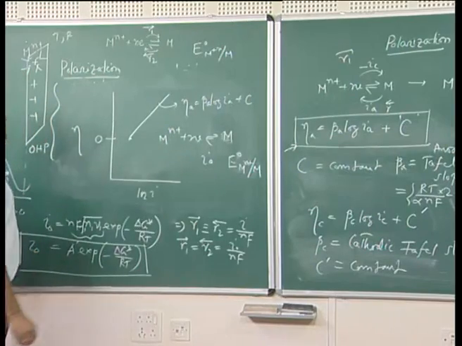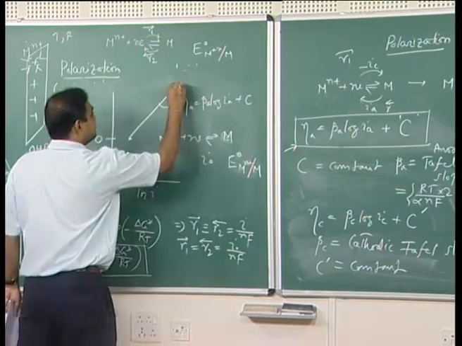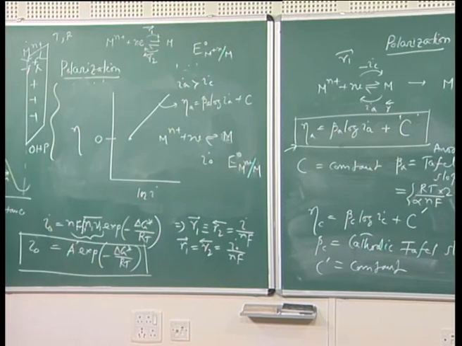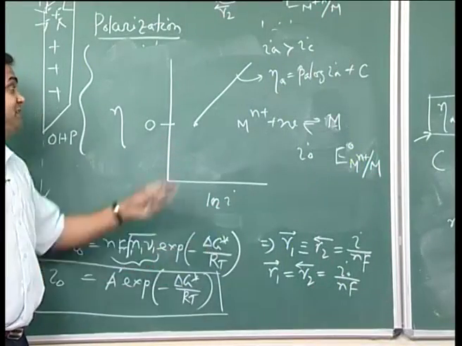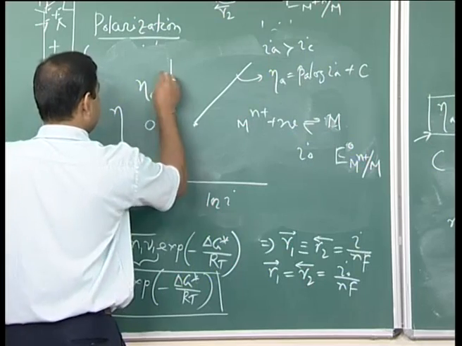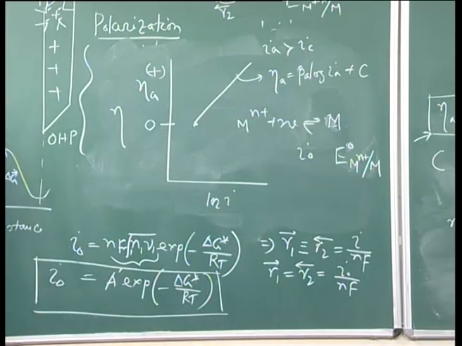Now let us say that time IA is greater than IC. And if potential goes to the negative side, this is the positive side, this is anodic polarization. So I can see that this is eta A, I am writing positive.